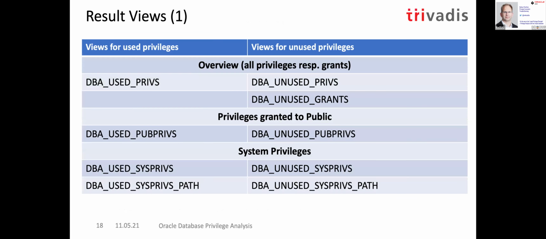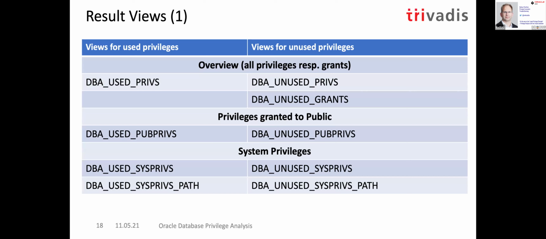Okay. Then we've got a set of result views. Basically, there are two groups of result views: DBA_USED views, which give you the privileges which have been used during the test period, and DBA_UNUSED views. These are the privileges which have been granted to the user but which have not been used during the test.